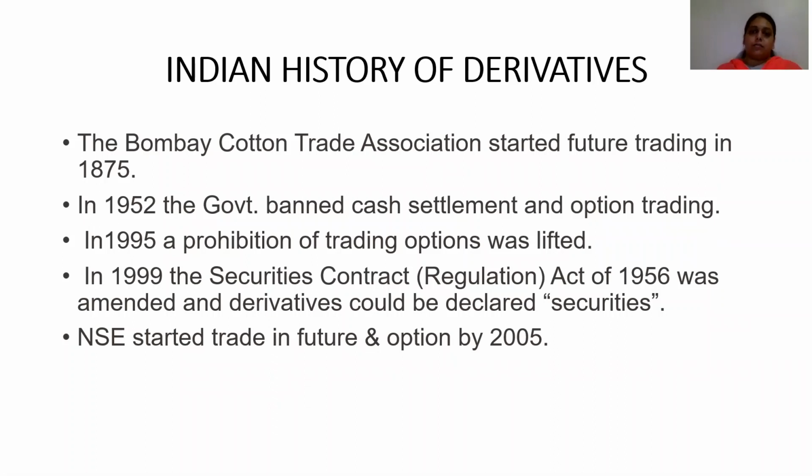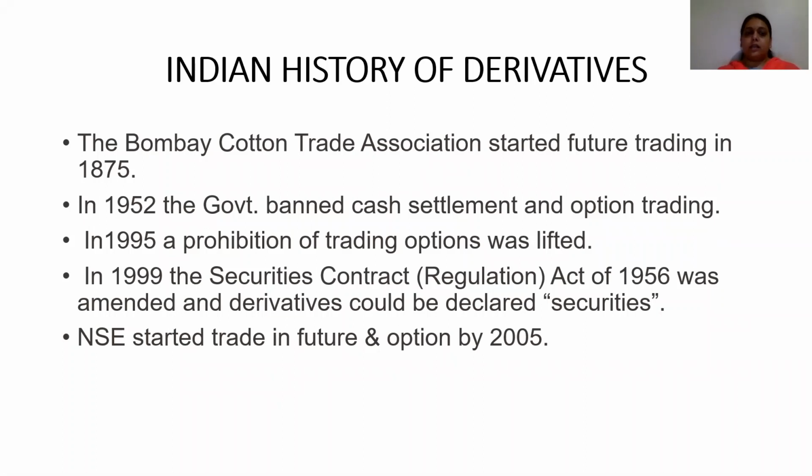First, in India, the Bombay Cotton Trade Association started trading in future derivatives in 1875. Then in 1952, the government banned cash settlement and option trading. In 1995, the prohibition on trading options was lifted.